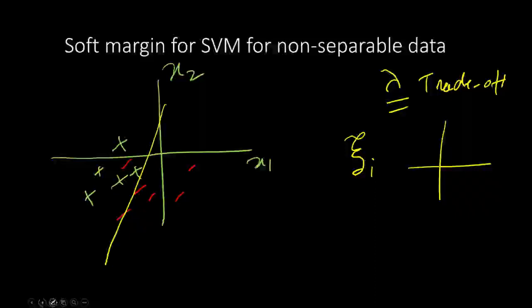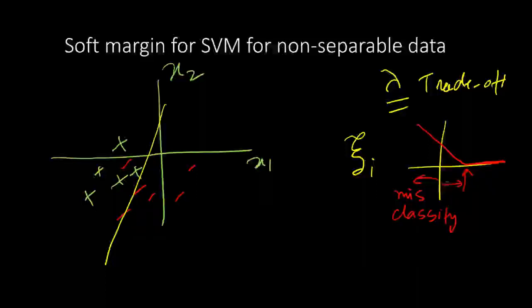Let me change a different color. It will encode a function like this, where anything on this side is misclassification, but we also want a margin. So this is the margin.